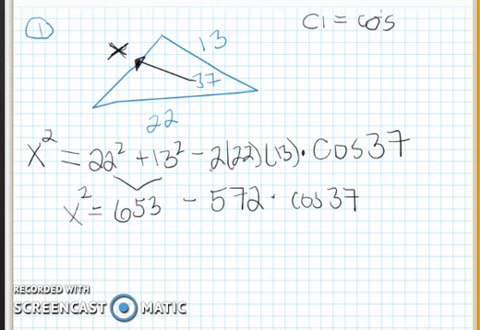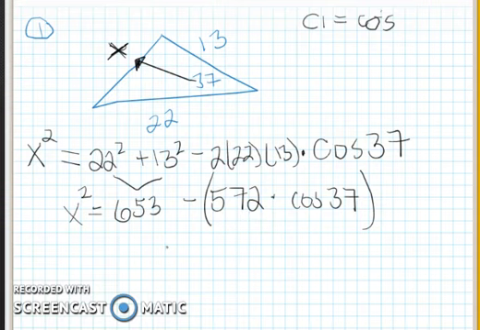Now again, we don't want to subtract these two. That's a rookie move. We want to put these in parentheses in our calculator. So next we go 653 minus, sorry, a lot of this is done on the calculator, minus parentheses 572 times the cosine of 37.